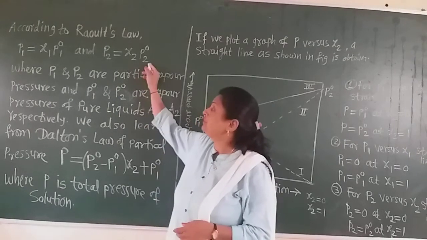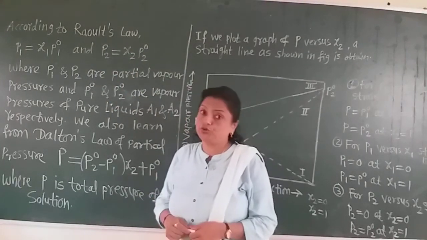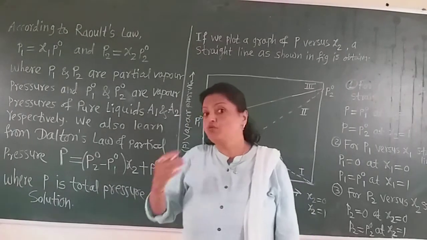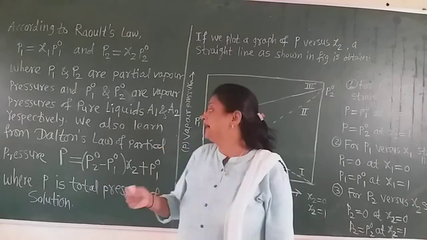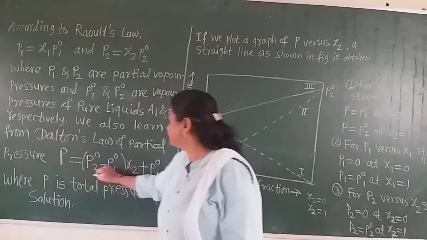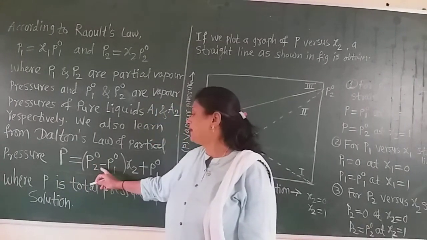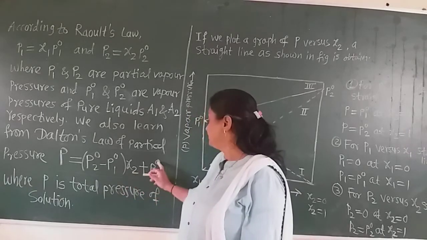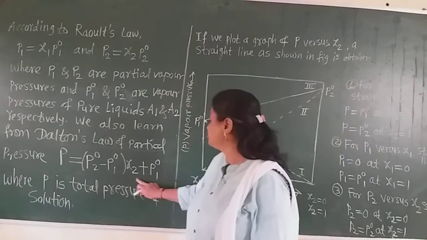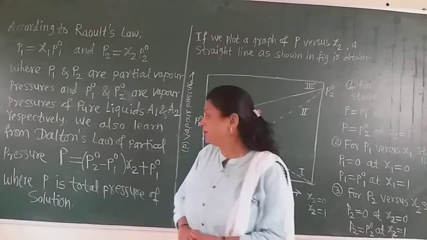If we substitute these values of partial pressure, and we know that x1 plus x2 is equal to 1, therefore x2 is equal to 1 minus x1, and from that we derived this equation: the total pressure P is equal to (P02 minus P01) x2 plus P01. Now this is about Raoult's law and Dalton's law of partial pressure.